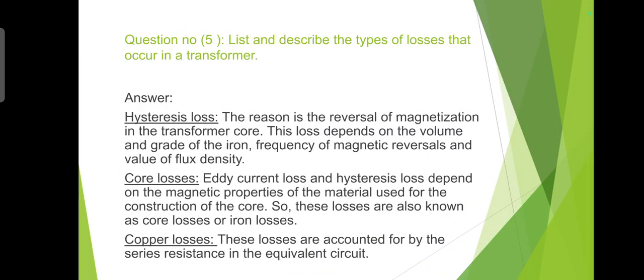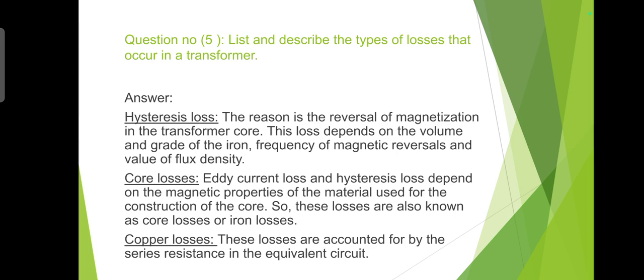Question number 5. List and describe the types of losses that occur in a transformer. First, hysteresis losses. The reason is the reversal of magnetization in the transformer core. These losses depend on the volume and grain of the core, the frequency of magnetic reversals, and the flux density.